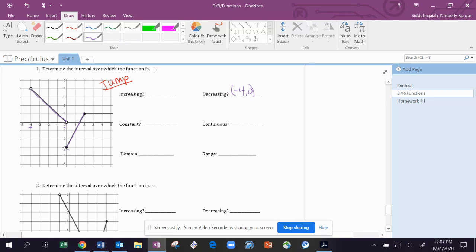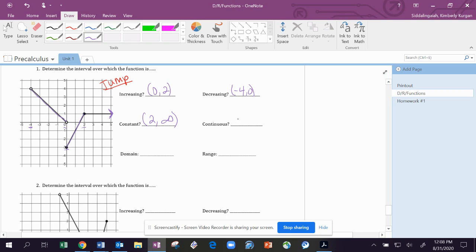So that's from x equals 0 to x equals 2. So 0, 2. And then constant looks like from 2, well, it kind of looks like this graph goes on. We're going to put a little arrow in there. So that means from 2 to infinity, it is constant.